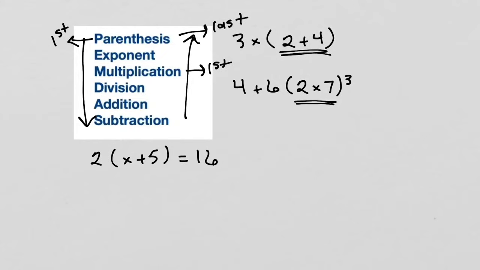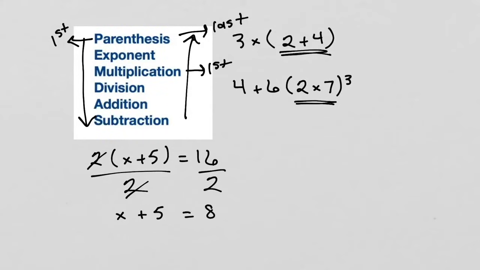We get rid of the times 2 by dividing both sides by 2. The 2 will cancel out. 16 divided by 2 is 8. Now we can remove the parentheses to get x plus 5 equals 8.